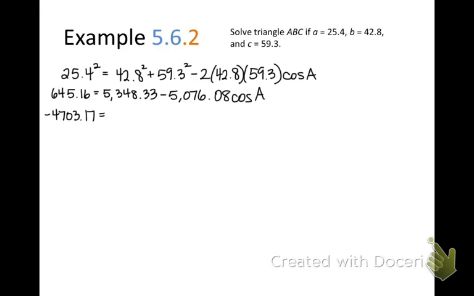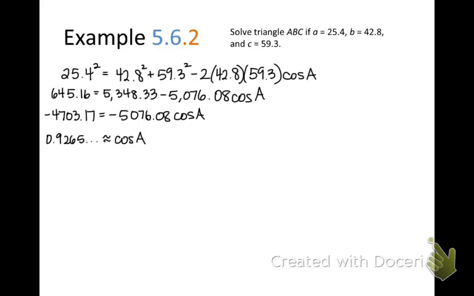And that still equals the negative 5,076.08 cosine of A. Divide out by the 5,000 stuff. And we get approximately, and at this point I have a decimal that I can't write exactly, so I'm going to have to use approximately, 0.9265, blah, blah, blah. That's approximately the cosine of angle A.